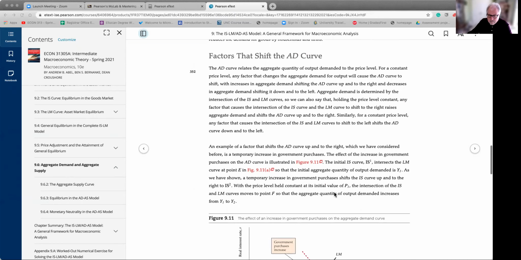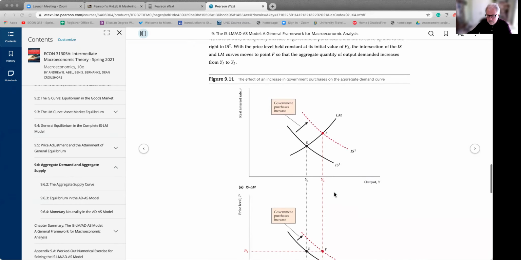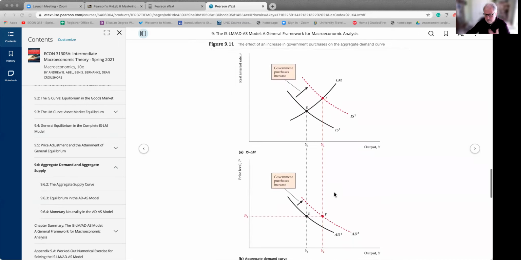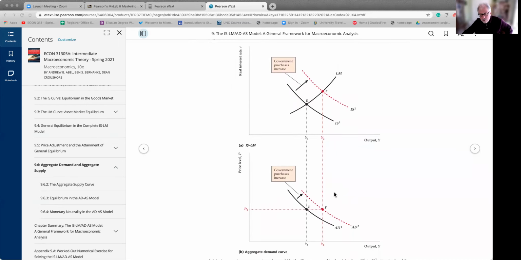So, factors that shift aggregate demand. This is just a pictorial view of what we're just talking about. Anything that shifts IS, government spending increasing, for example, remember, shifts desired saving in the goods market up and to the left, which shifts the IS curve up and to the right, which ultimately shifts aggregate demand to the right.